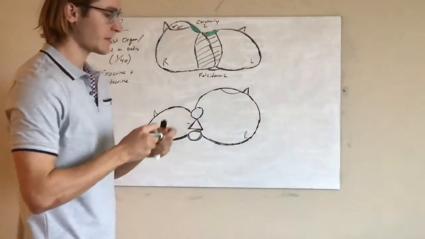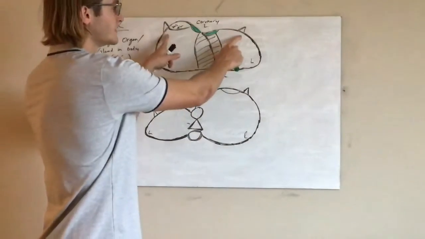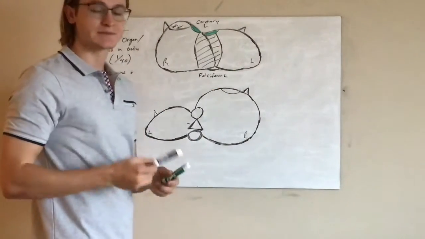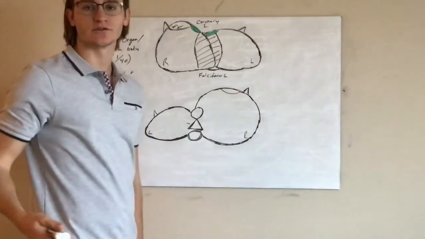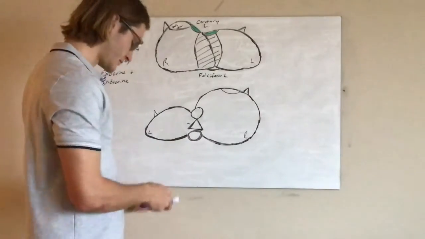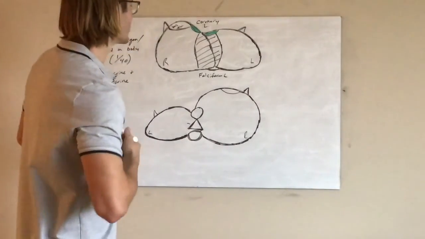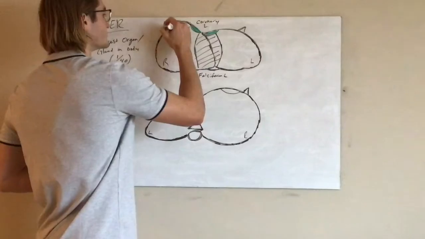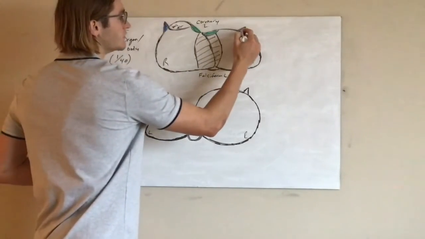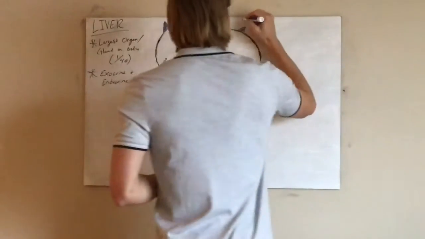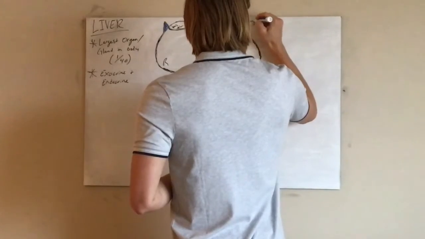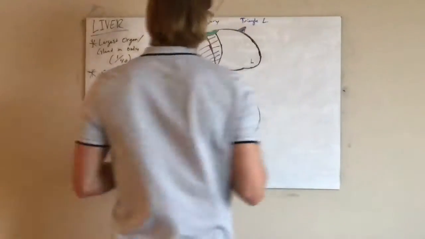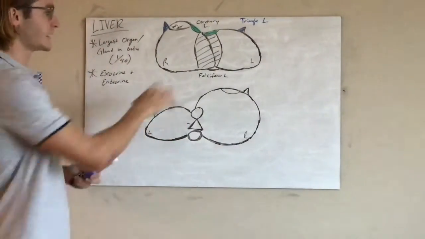And then we'll also have these guys over here. They're shaped exactly like triangles, and so they're called the triangle ligaments. So that makes it pretty easy. So, triangle ligaments. That's the anterior surface.